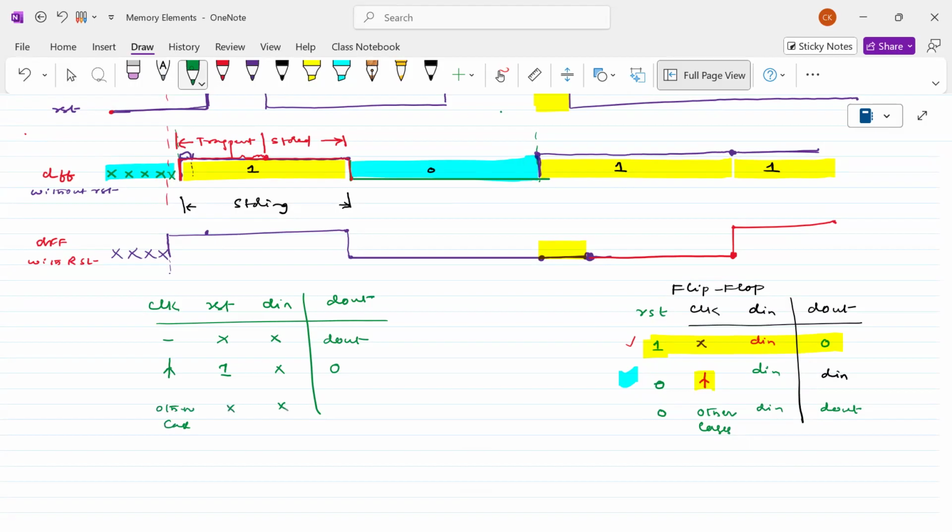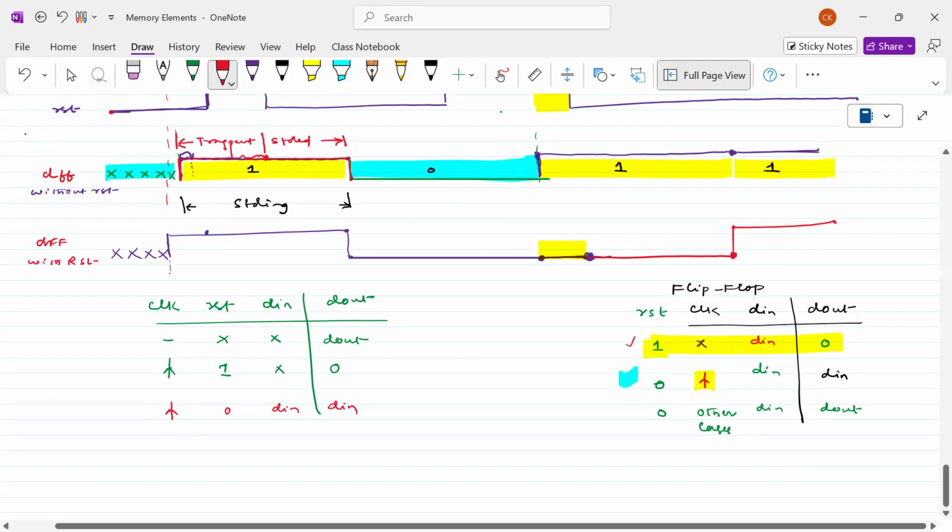Now, what about here? What is this one? Positive edge. Let me write it here to make this DN positive edge, and 0. Now, whatever the DN you give here, the DN will be transparent. Next, what is the last case?